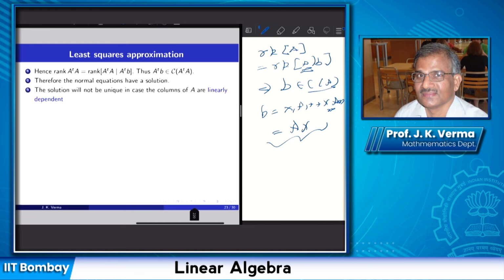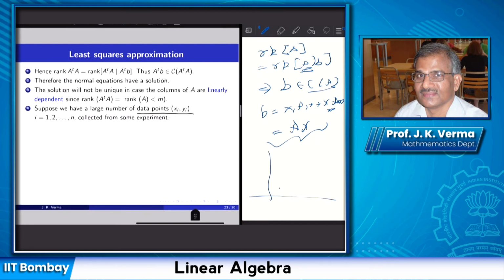Suppose that we have a large number of data points xi, yi, collected from some experiment. Plot these data points in the plane. They have two coordinates. Once you plot, many times you will see that they are clustering around a straight line.